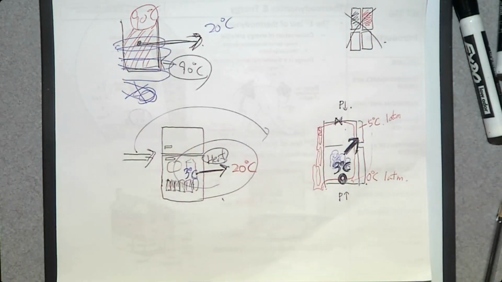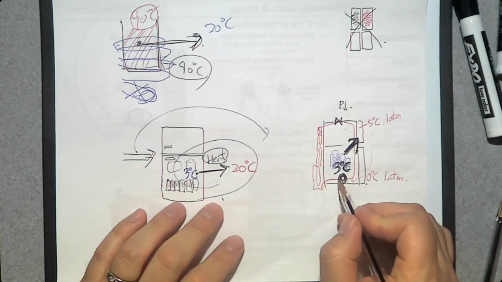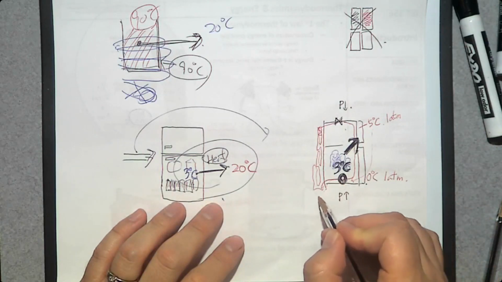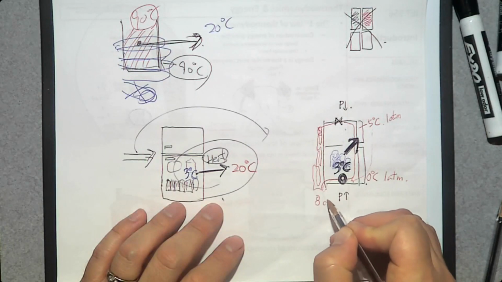Now, this 0 degrees Celsius, 1 ATM refrigerant enters the compressor. What happens in the compressor? Pressure goes up because it pressurizes the system. So let's assume that the pressure went up maybe 8 times. So at the exit of this compressor, pressure is 8 atmospheric pressure.